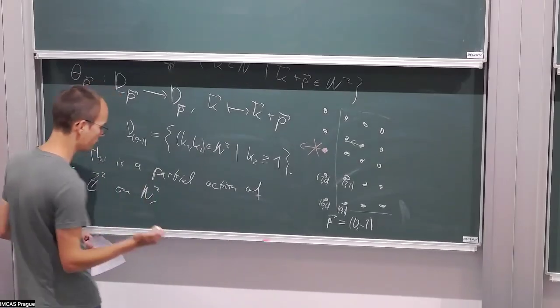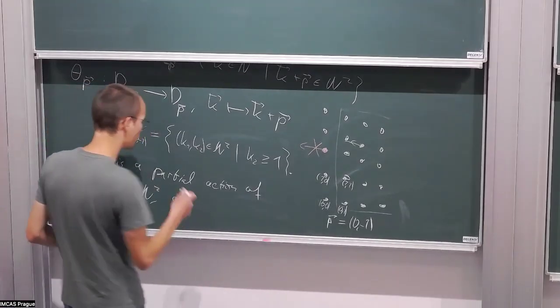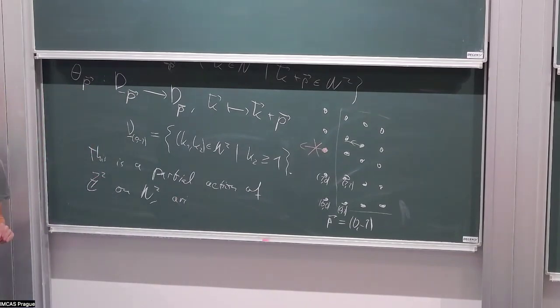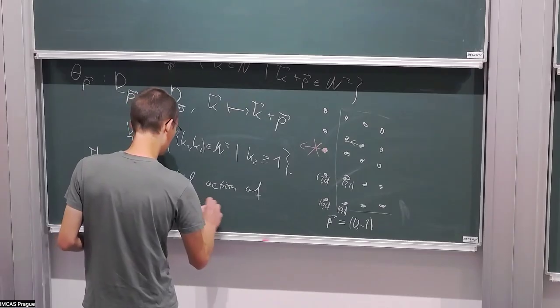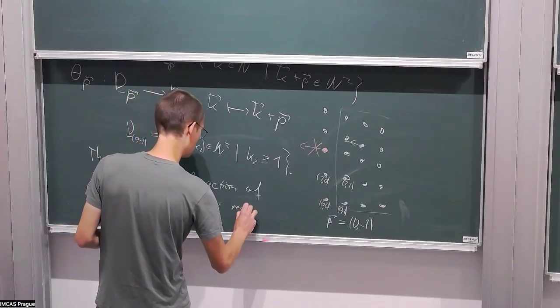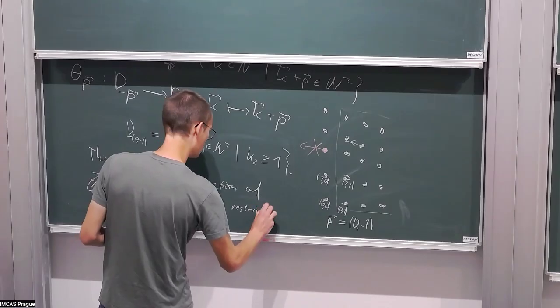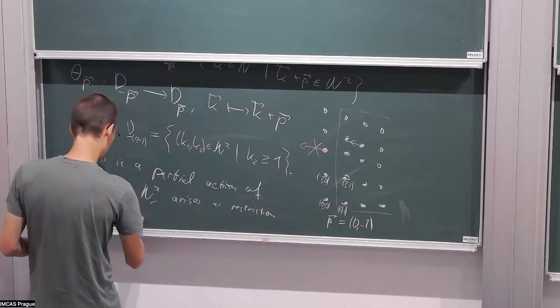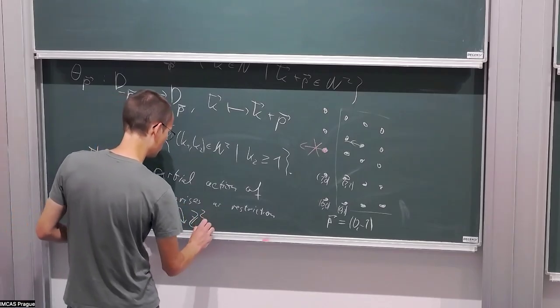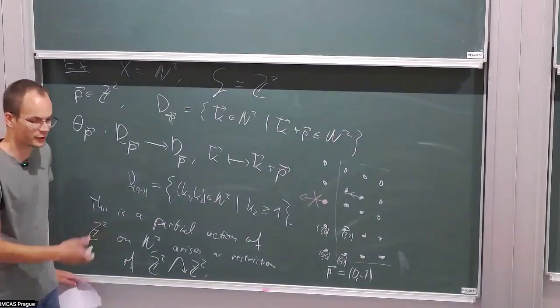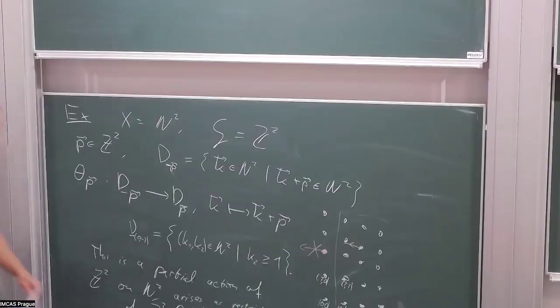And of course, this just arises as the restriction of the usual action of Z squared on itself. Right, so for any group, I can act on itself by multiplication.